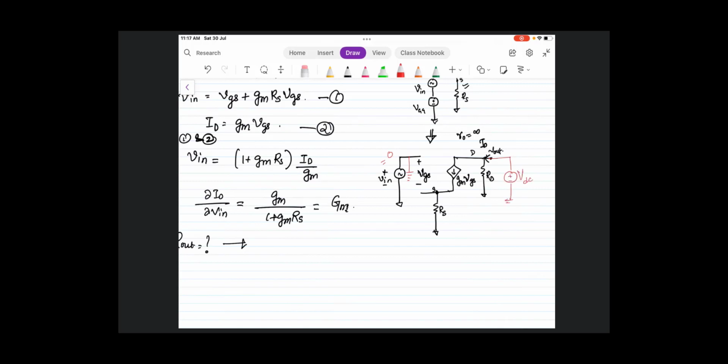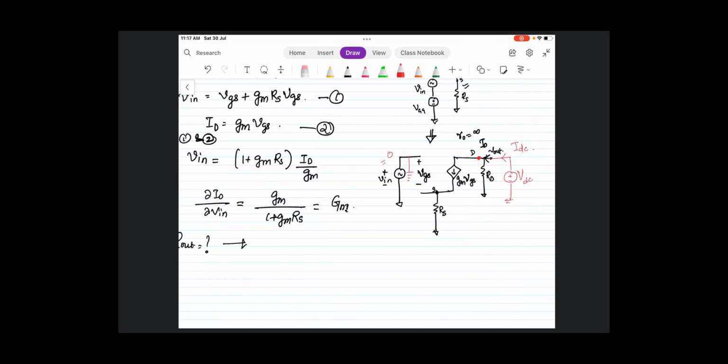Okay, there won't be any Vin now, no AC is present in the circuit. IDC is flowing from here. Okay, and now from here we find the output impedance. Okay, so you can apply KCL at this node and start the analysis.